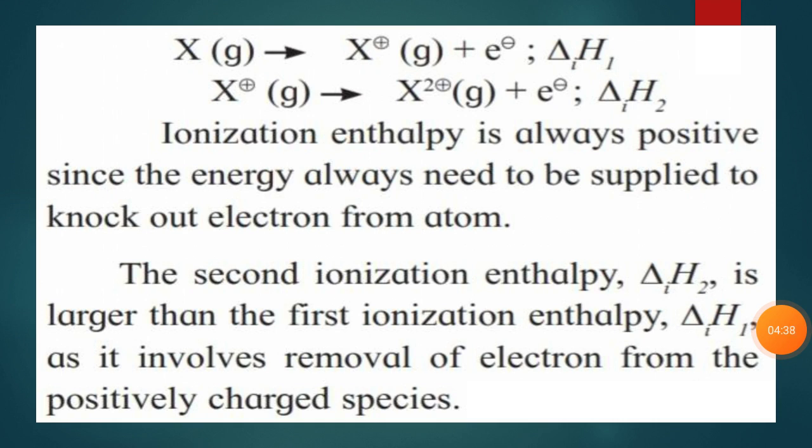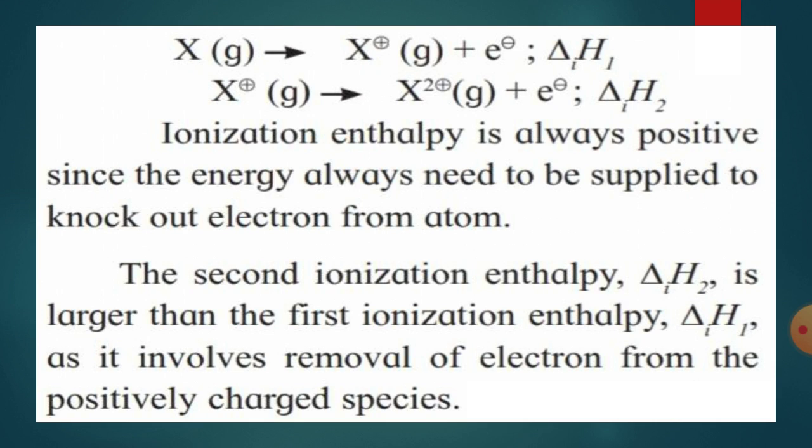So one positive charge develops. In the first step, we give the symbol for ionization enthalpy, delta I H1. H1 means first ionization enthalpy. In the second step, this cation X plus in gaseous state will liberate its second electron, so plus 1 will be converted into plus 2.